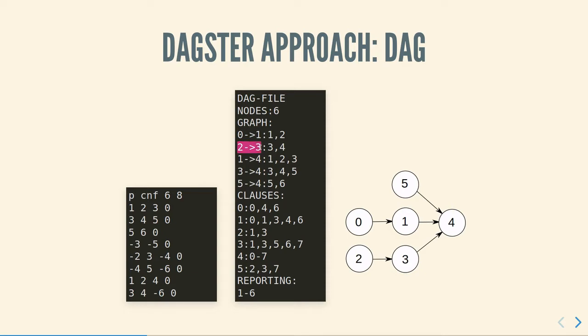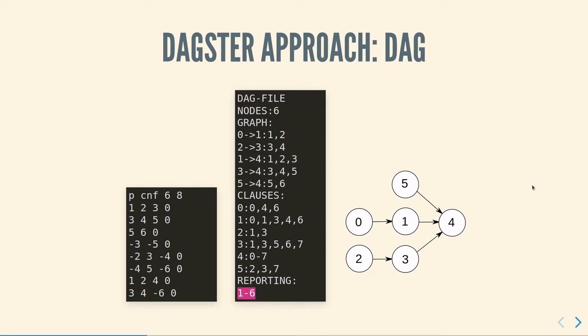Respectively, solutions of node 2 that constrain node 3 are variables 3 and 4, and so on. Finally, the terminal node of the DAG is node 4, and any solutions to node 4, particularly reporting the variables 1 to 6, are reported as solutions to the whole problem.